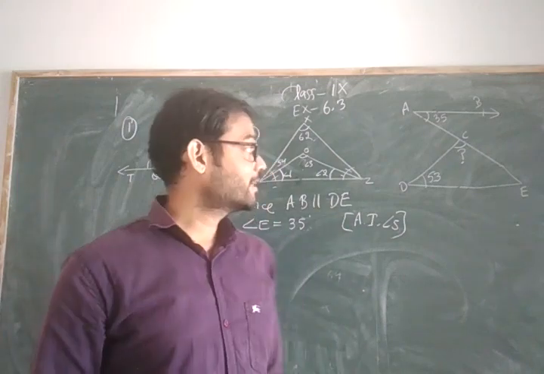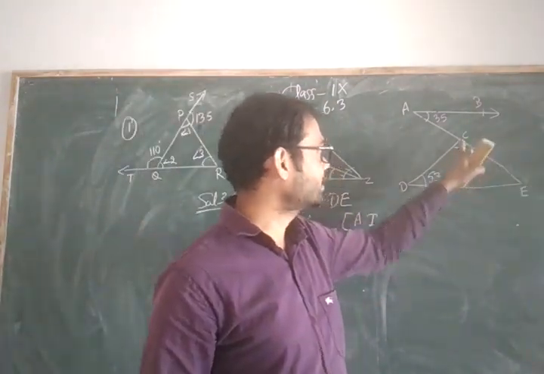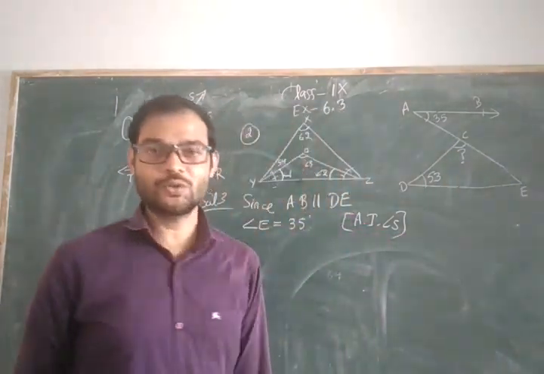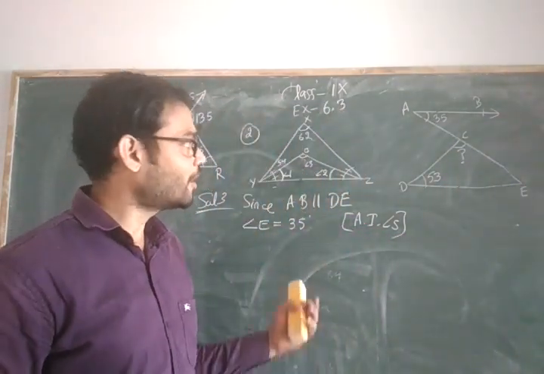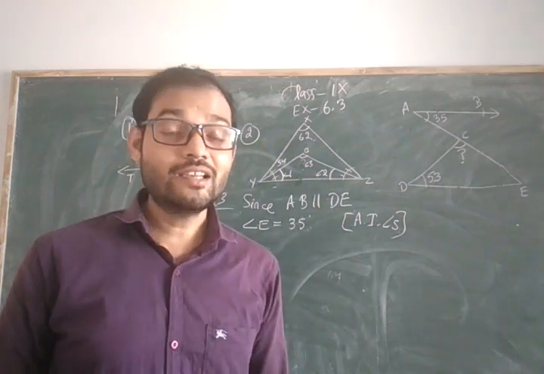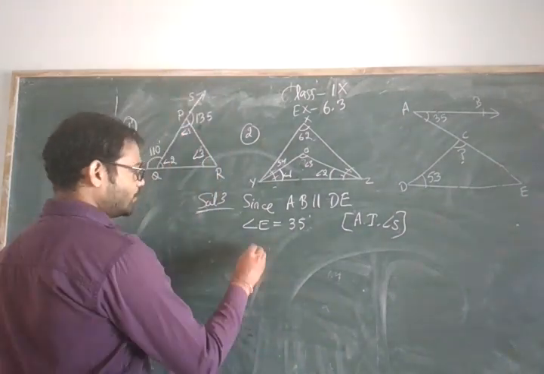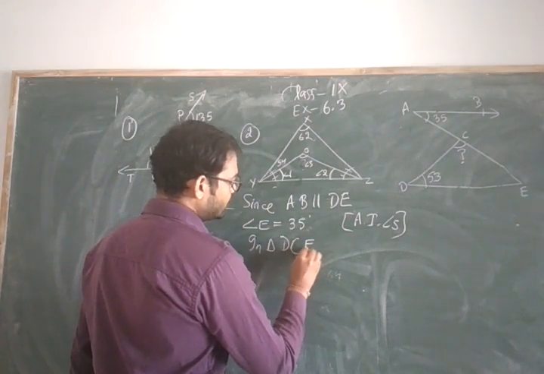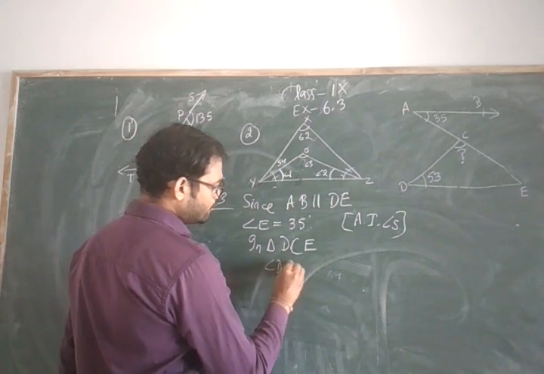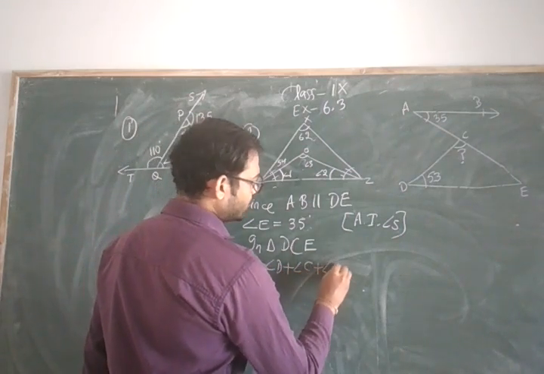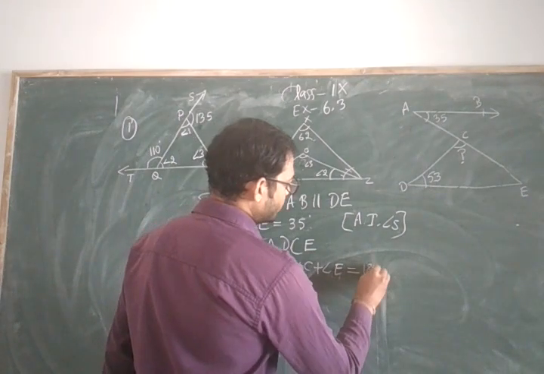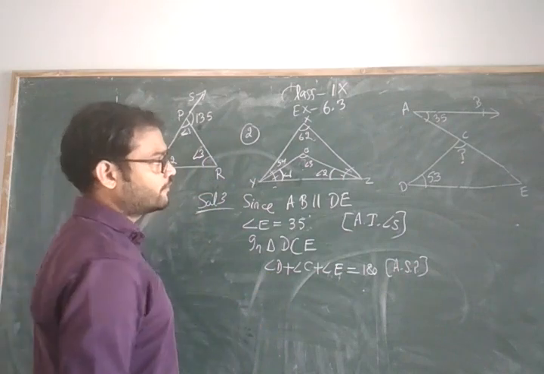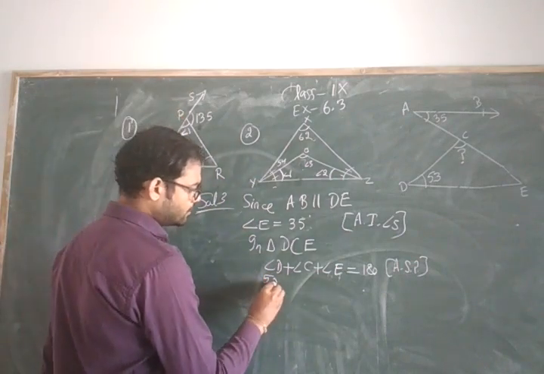अगर आपको angle E पता लग गया है, this angle is known and we will find angle C. For finding angle C, now we can apply our angle sum property. So in triangle DCE, angle D plus angle C plus angle E is equal to 180. That is angle sum property. The value of angle D is 53.